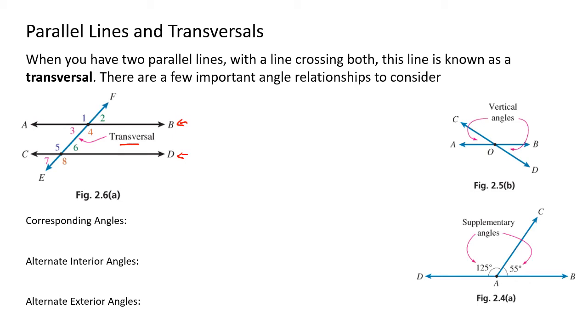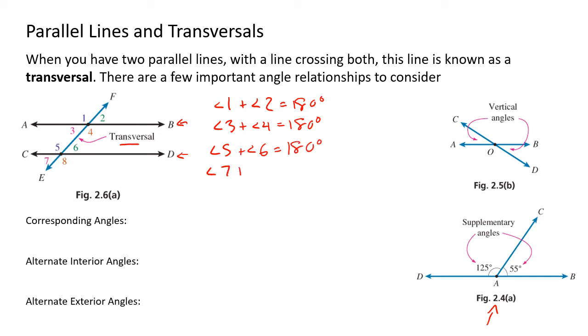Okay, so first item to notice is supplementary angles. Okay, so we already talked about supplementary angles, and what that means is angle 1 plus angle 2 has to equal 180 degrees. Angle 3 plus angle 4 has to equal 180 degrees. And keeping going down, angle 5 plus angle 6 has to equal 180 degrees.